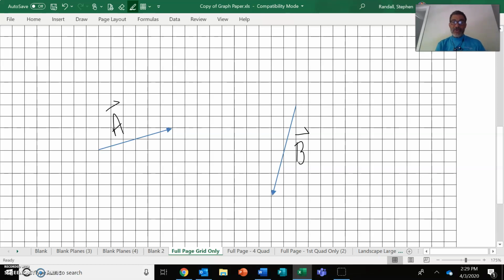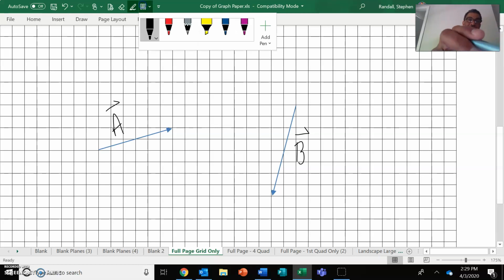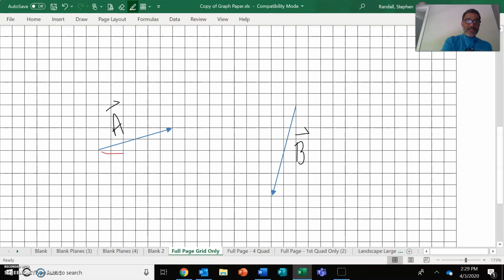With component form, components just talk about how the vectors move along the grid. So if we're looking at this vector, how far does it go over? It goes over 1, 2, 3, 4, 5, 6, and it goes up 2. So vector A in component form is 6, 2. Over 6, up 2.